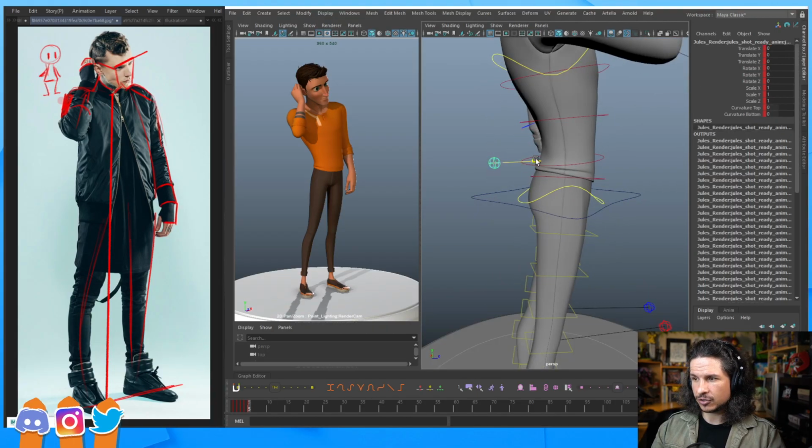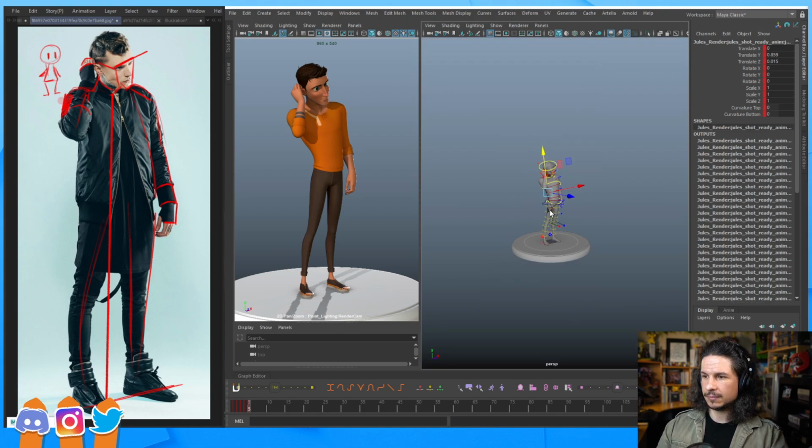This is the spine control. So I can use this to push that stomach out just a little bit more. Get a little bit more curvature into that spine, right around there. So just pushing that line of action of the body there.